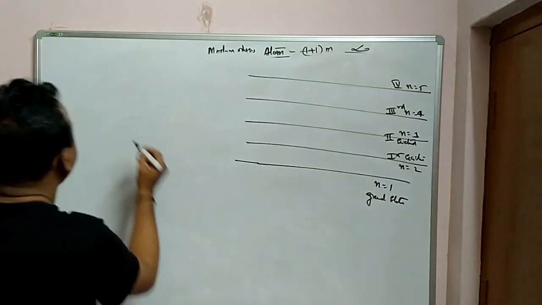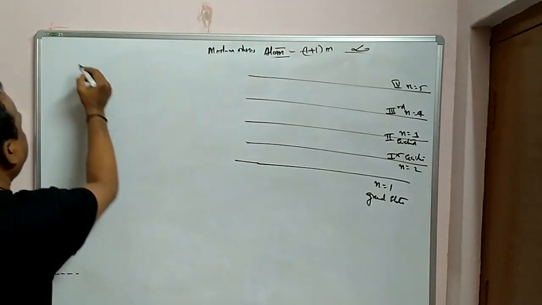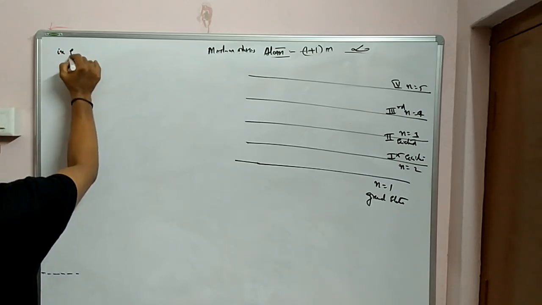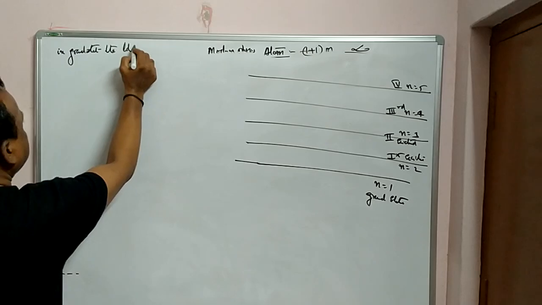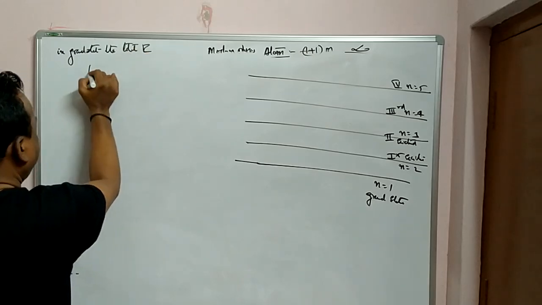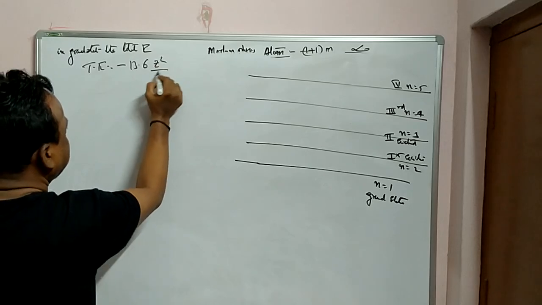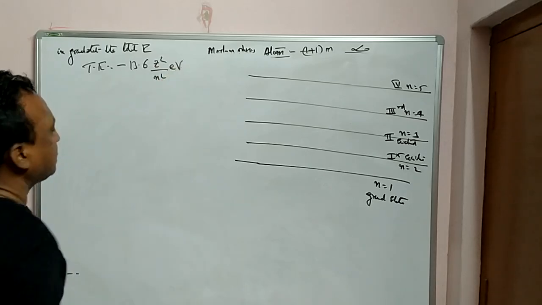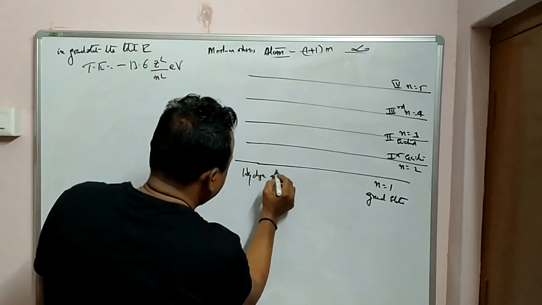So in the ground state, what is the energy? First of all, at least minimum 3 to 4 values you have to put in your mind. So in the ground state, the total energy formula is minus 13.6 Z square by n square electron volts. Suppose you take a hydrogen atom.